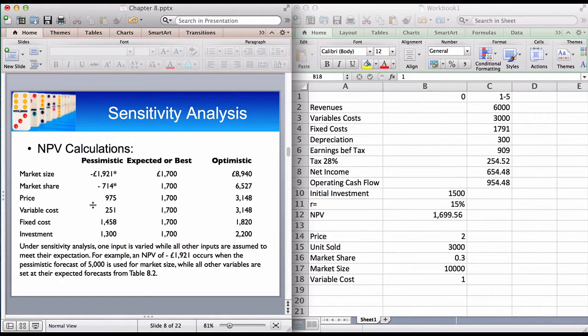Another criticism of this particular methodology is that it can give you a false sense of security as well. What could happen is that you just spend all your time focusing on market size and market share, for this example, and forget about variable costs, fixed costs, forget about the price, because you think, well, okay, that doesn't really have a big impact on your analysis.